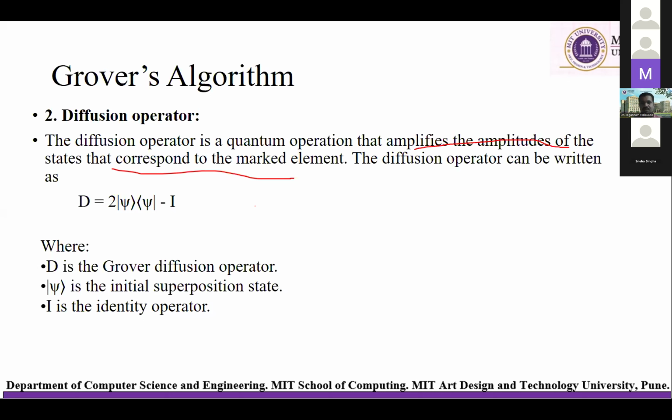The diffusion operator can be written as D equals 2 ket psi bra psi minus I, where D is the diffusion operator, ket psi is the initial superposition state, and I is the identity operator.